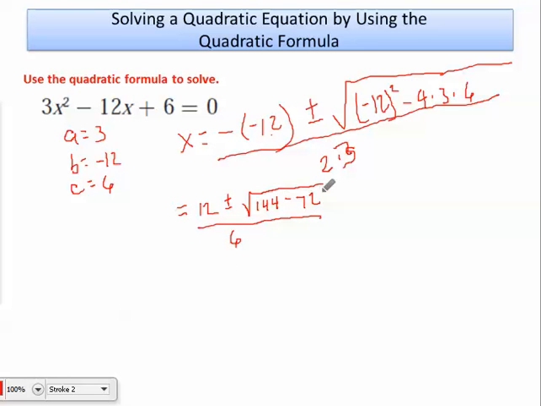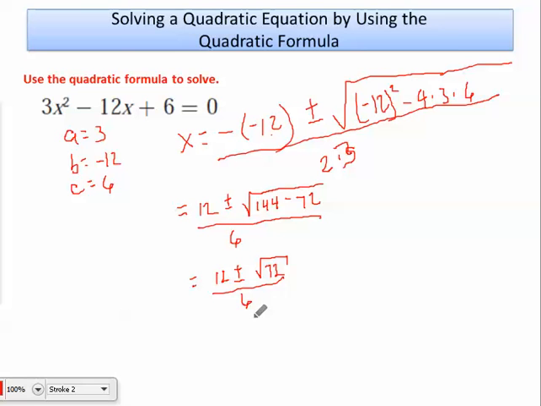Well, 144 minus 72 is 72. So that's a positive number. That means I'm going to have some real solutions here. 12 plus or minus square root of 72 divided by 6.